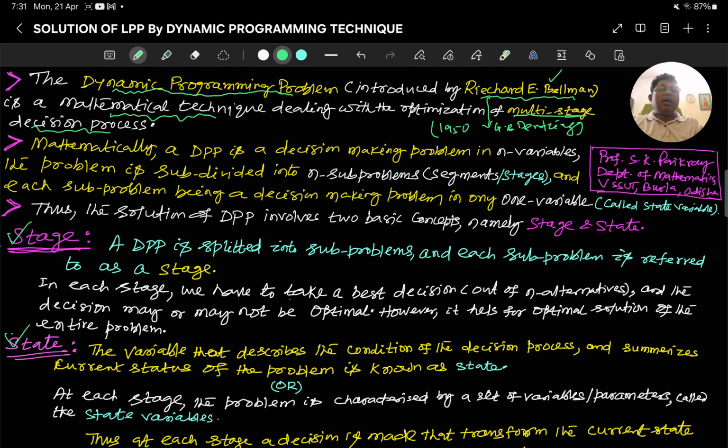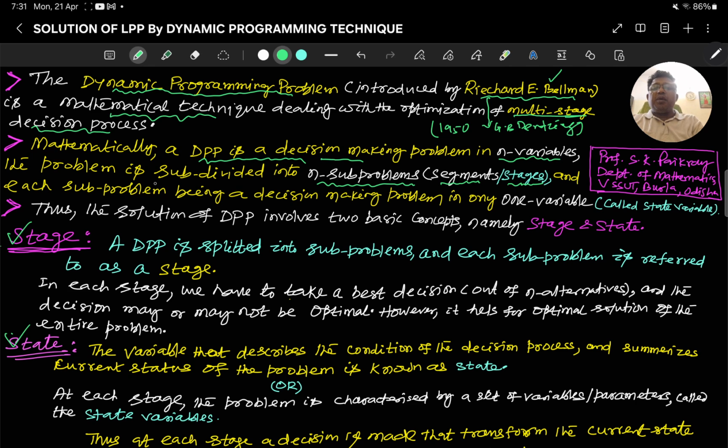So mathematically, how to work with a dynamic programming problem? Mathematically, a DPP, dynamic programming problem, is a decision making problem in n variables. The problem is subdivided into n subproblems, as many subproblems as decision variables, and each subproblem is known as a segment or stage of the problem.